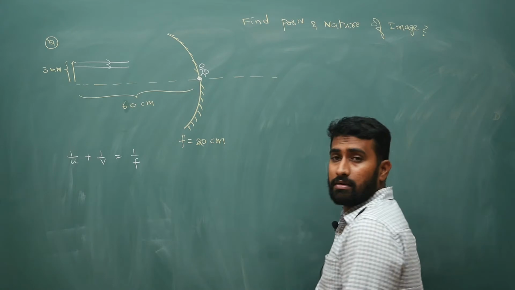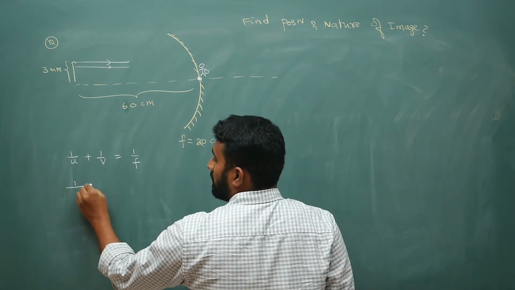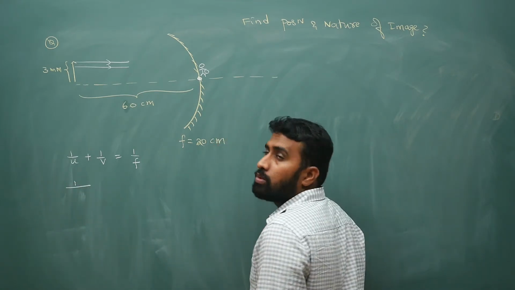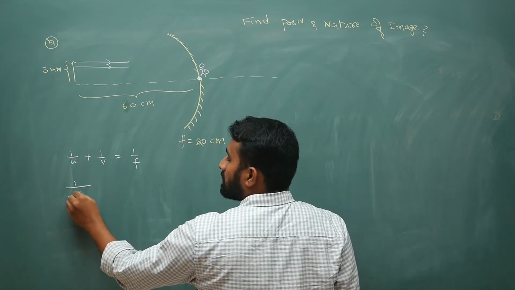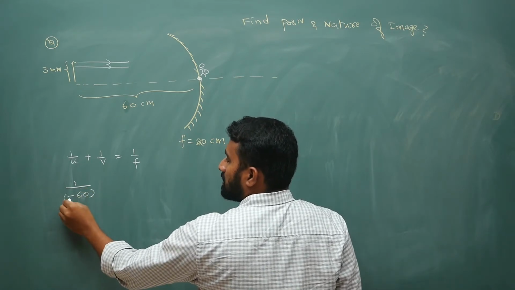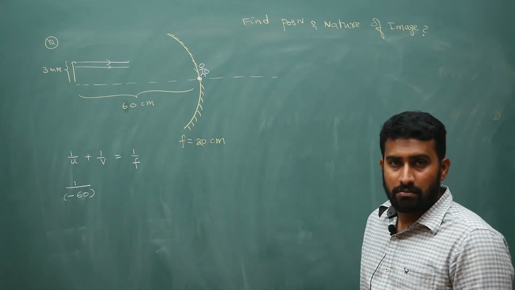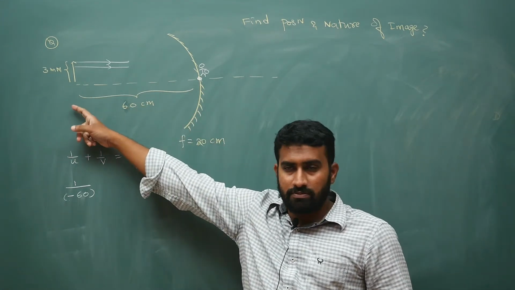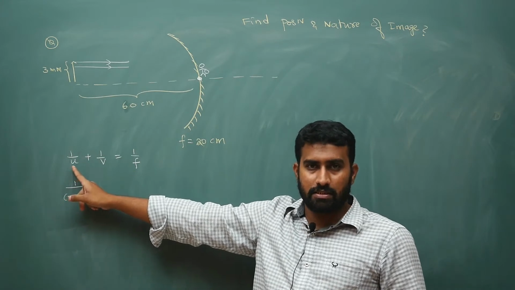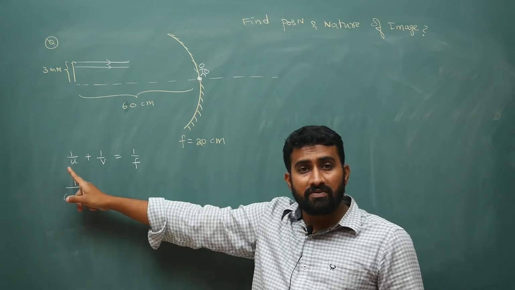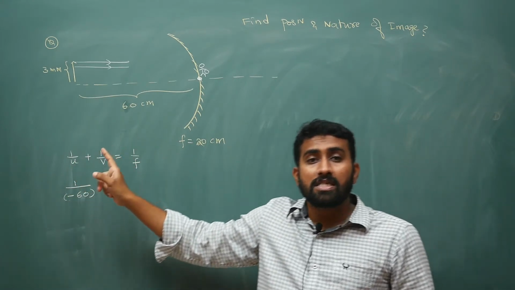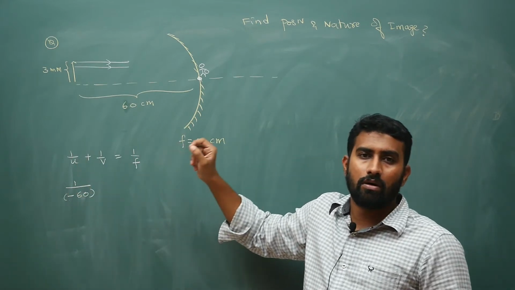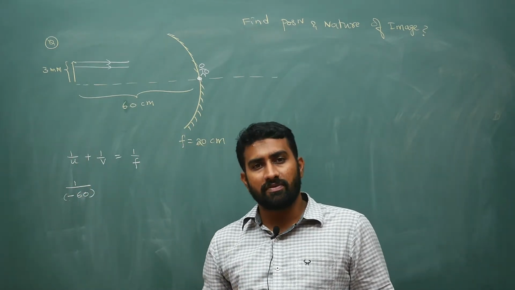So if you do that, this is going to become 1 by u. What is u here? It is minus 60. Why minus? Because u is the object distance and v is the image distance. In measuring the object distance, or in fact any distance, we measure from the pole.